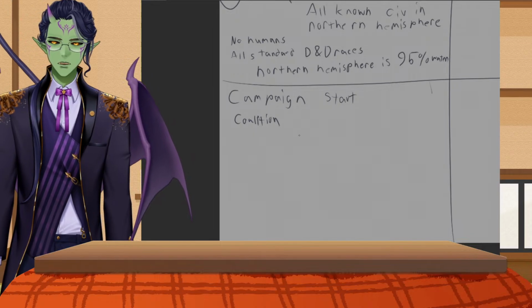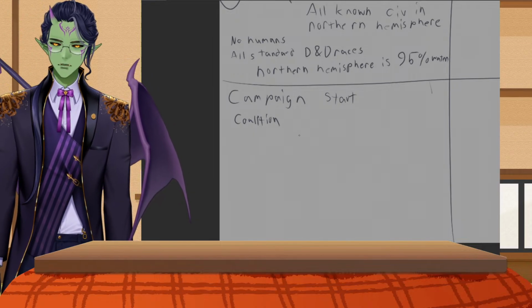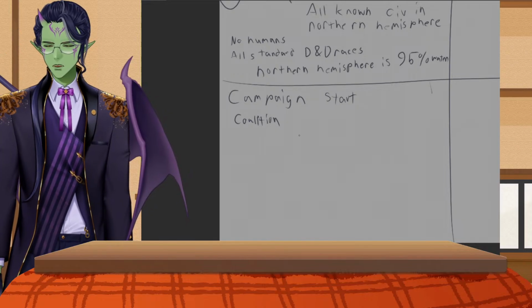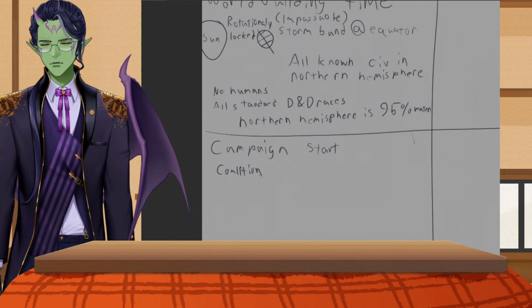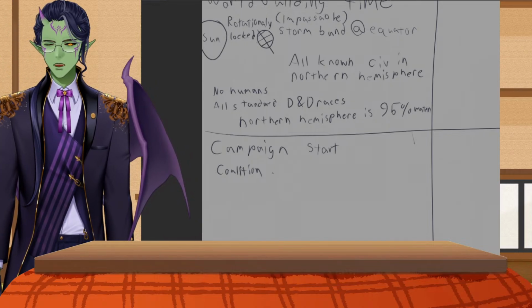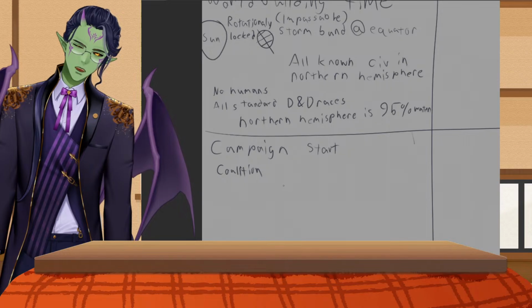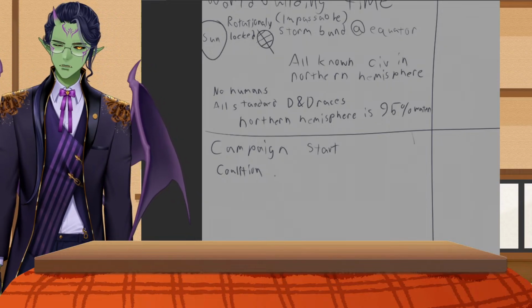The coalition discovers a way to get through the storm wall that separates the northern from the southern hemisphere. And it's time limited, probably on like a 10-year cycle or something like that.